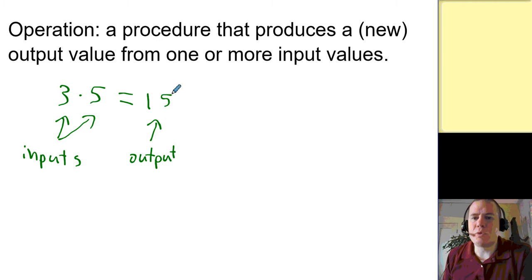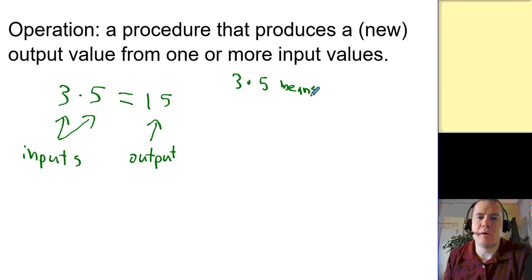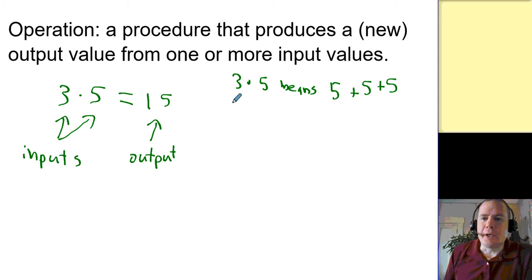And I know that this will be the output because I know what this symbol means. I know that 3 times 5 means 5 plus another 5 plus another 5. And we'll get into more detail about multiplication and addition in a little while. But knowing our definition of this operation tells us what's going on here.